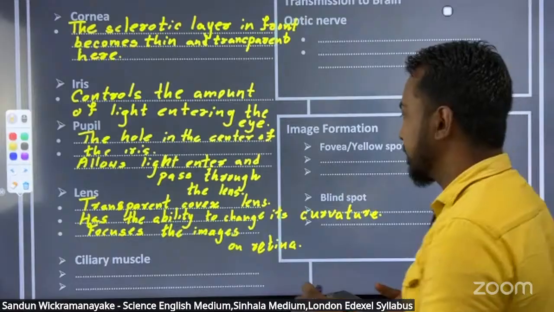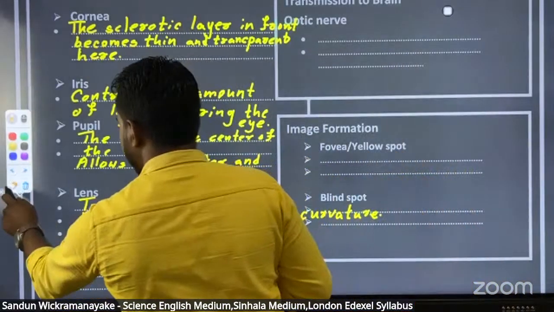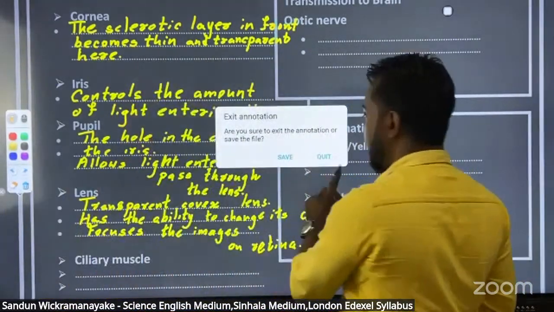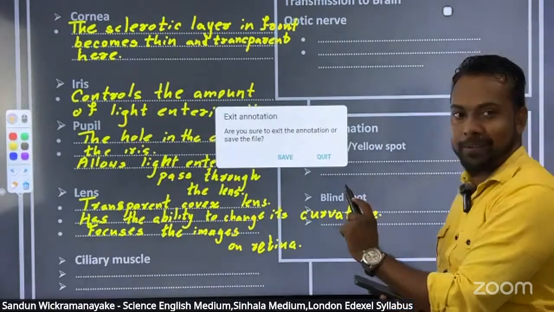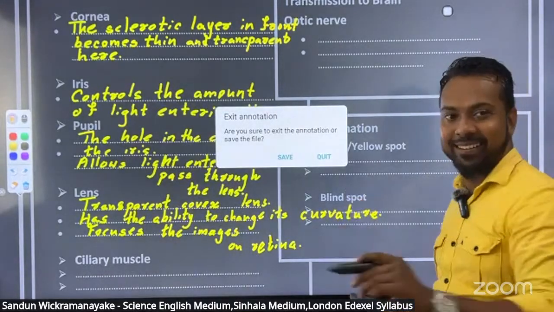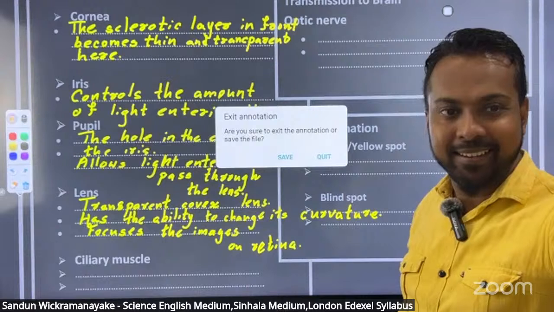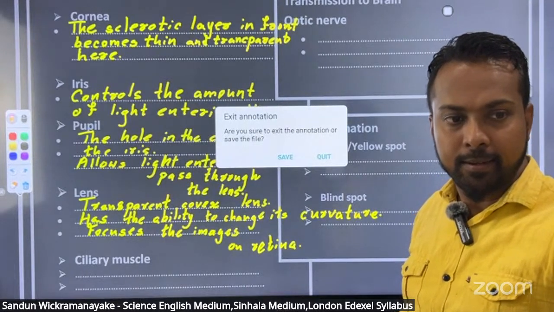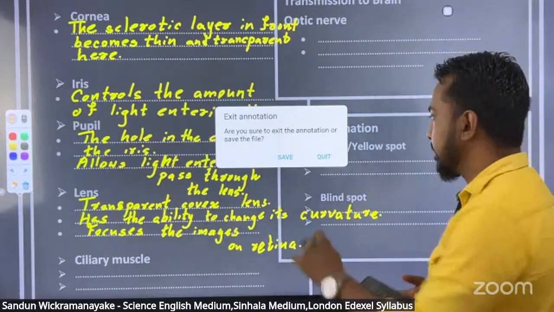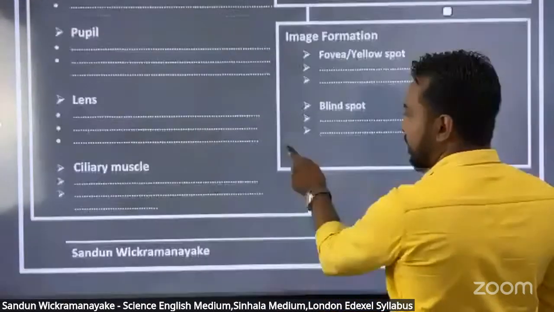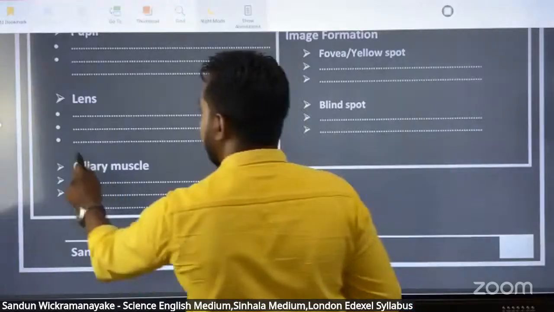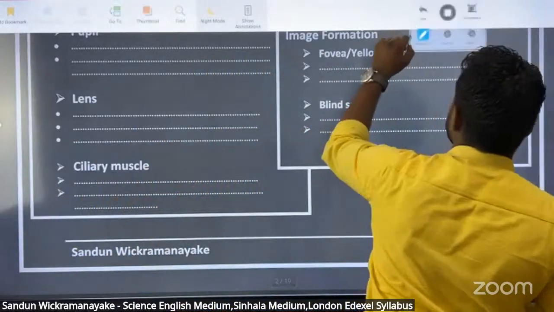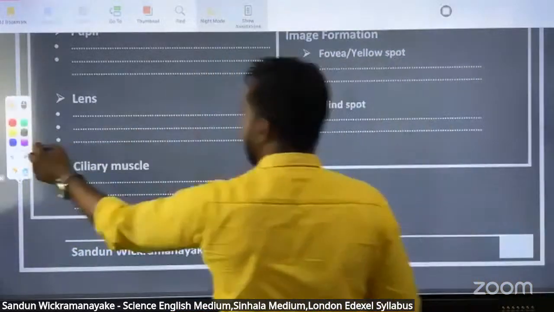Okay. Enough time, right? Okay. Ciliary muscle.